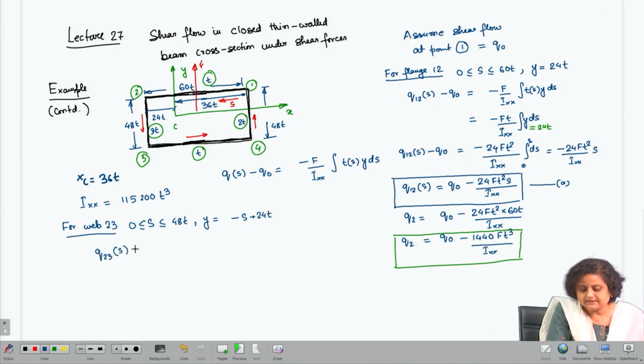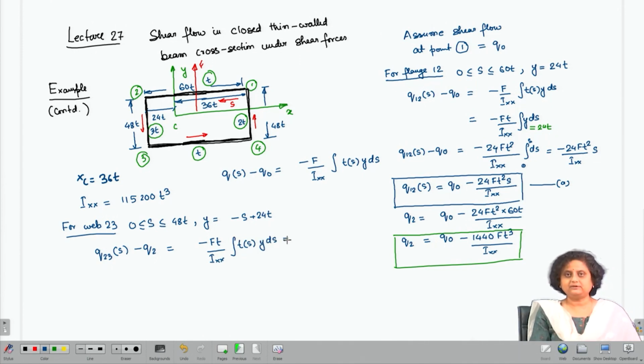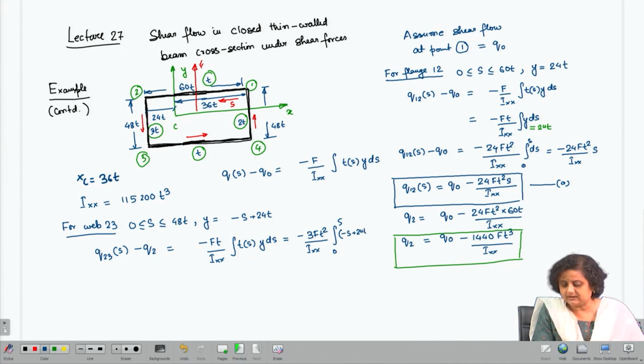Therefore, we can say that Q23S minus Q2 is going to be minus Ft by Ixx times the integral of Ts y ds. Now, Ts for this section is 3t. So, we can say minus 3F t square by Ixx times the integral of y ds, where y is minus s plus 24t.